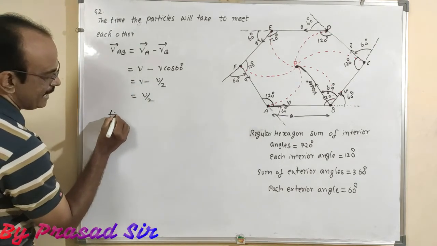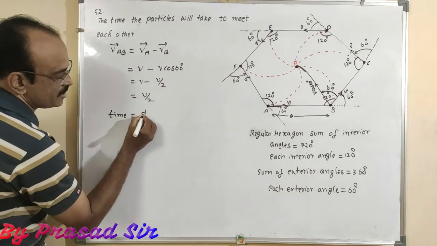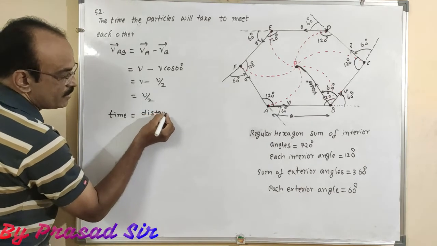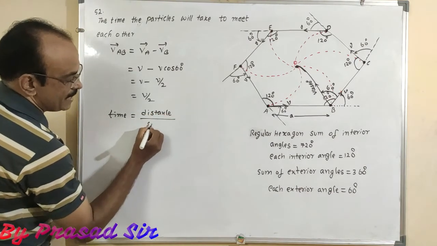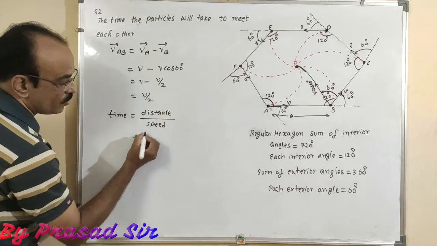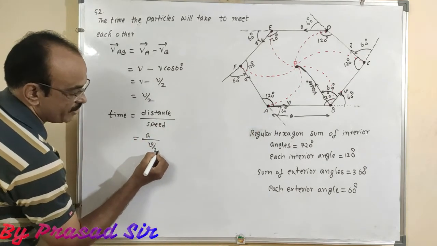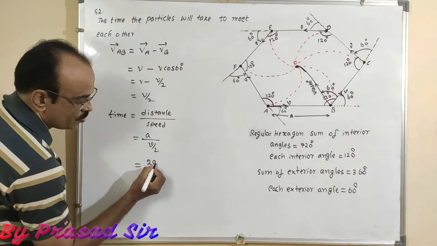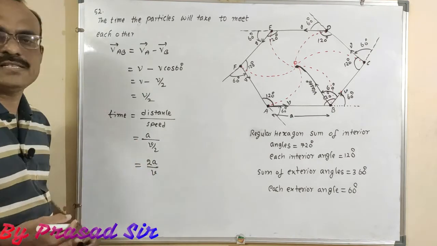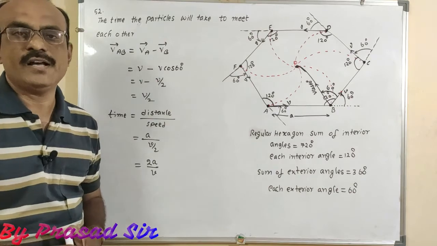Now I want to calculate time, which is distance divided by speed. The distance here is A, divided by speed V by 2. So time is 2A by V. This is the solution for question number 52.